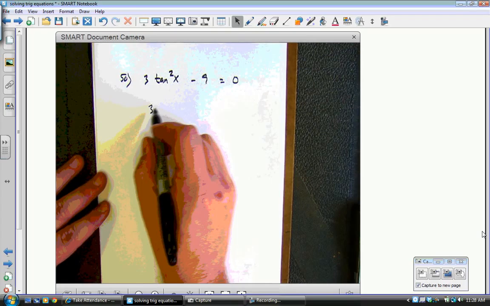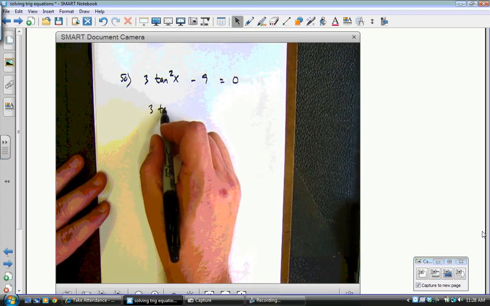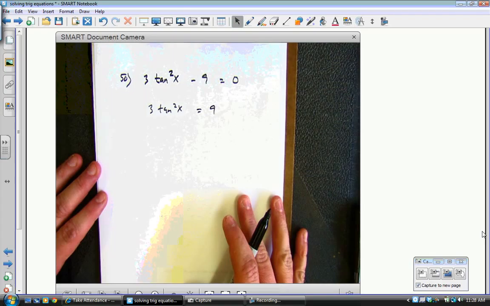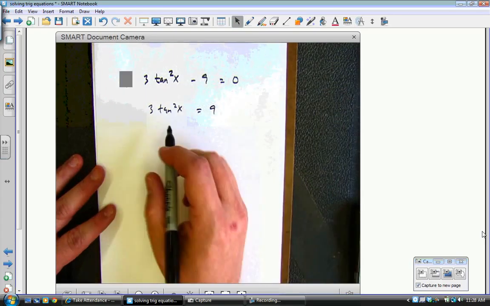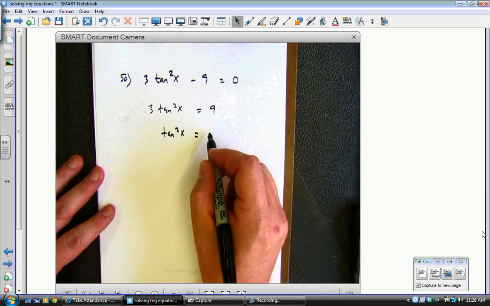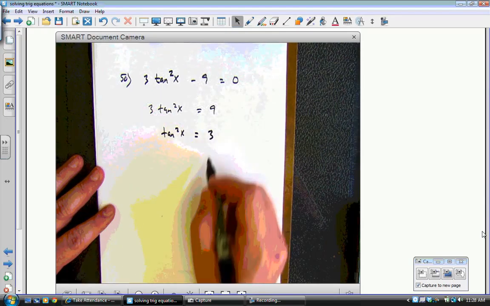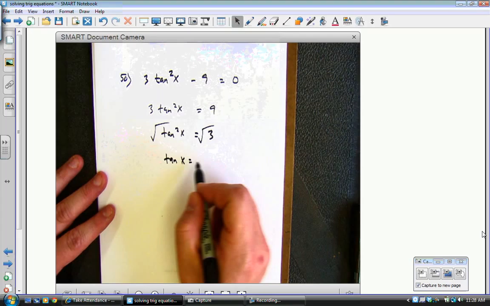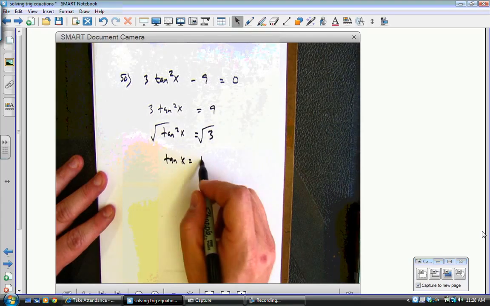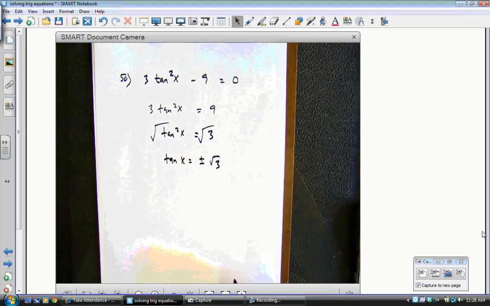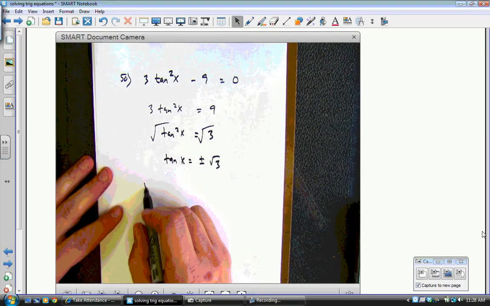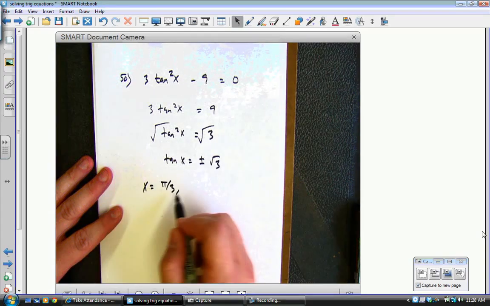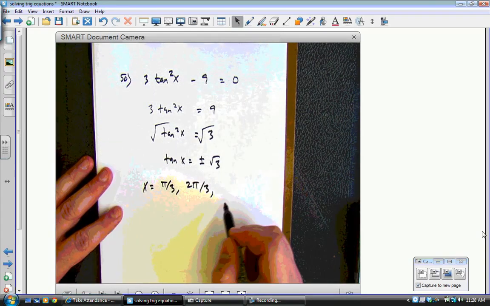So now we would add the 9 over first, right? And then divide by 3. So we get tangent squared x equals 3. Now we're going to take the square root of both sides. So we'll get tangent of x equals plus or minus square root of 3. And so where is tangent plus or minus square root of 3? Lots of spots. Yeah, it's all those pi over 3s again. Okay, pi over 3. Same thing as the last problem.